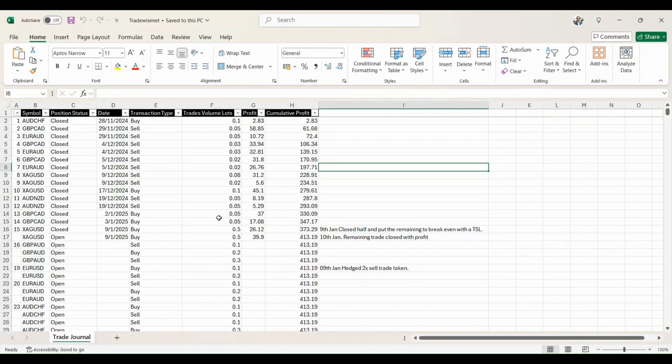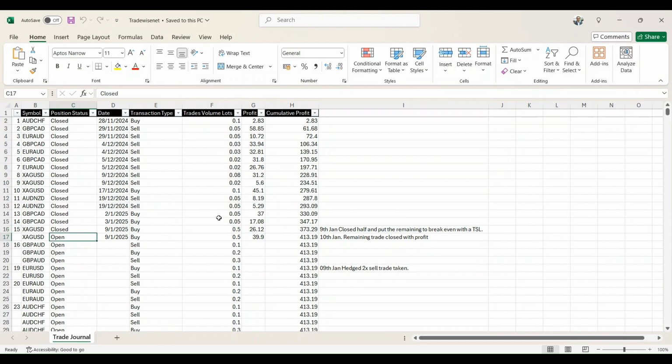All right, so here's the list of trades that I take. I maintain a journal, which is readily available. I've put it on Google Docs. There's a link to this spreadsheet in the description below. It's a simple Excel sheet showing which trades I've taken and their current status.